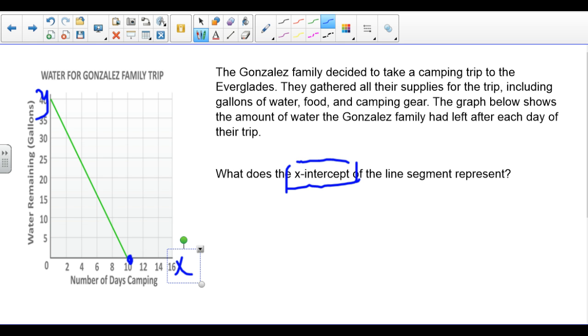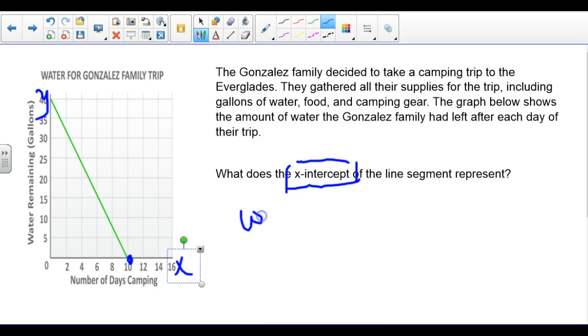I want to know what this represents. And here we are talking about the amount of water for the trip. All right, so the water remains per gallon, how much water they had left during their trip. So this right here basically is showing that water, which is the y right here, is at 0, and the days is at 10.